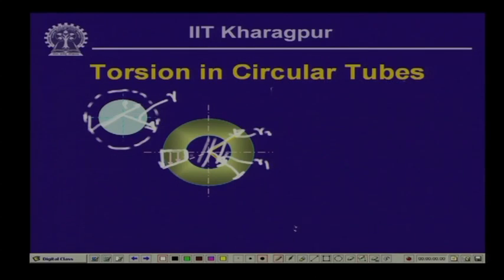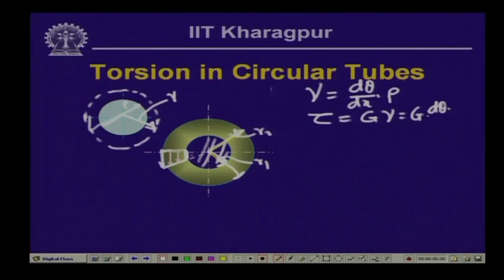Now, coming back to this expression, gamma is equal to d theta dx times rho. We know that the shear stress tau is G times gamma, which is equal to G d theta dx times rho. Now, as we saw, this is basically from the compatibility criteria.